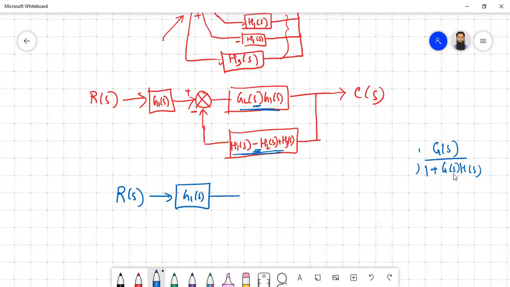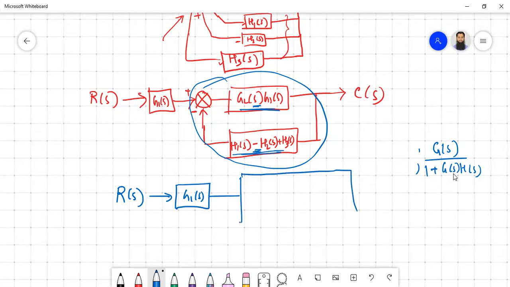Now this whole branch will be converted into a single branch, a single big box.